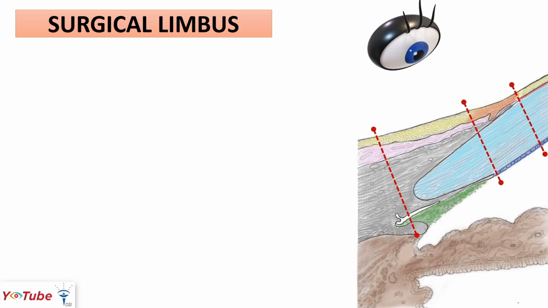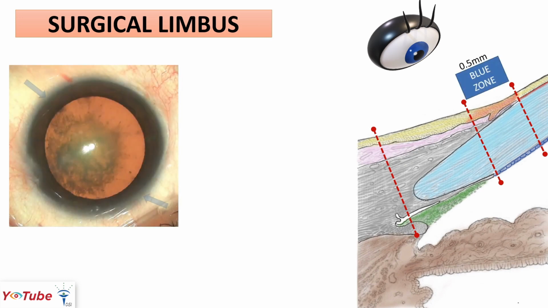The rectangular zone within the first and third line is called the surgical limbus. The anterior zone between the first and second line is called the blue zone because it appears bluish in color from outside, as seen in this adjacent diagram. This thin blue ring that you can see all around the cornea is nothing but the blue zone.